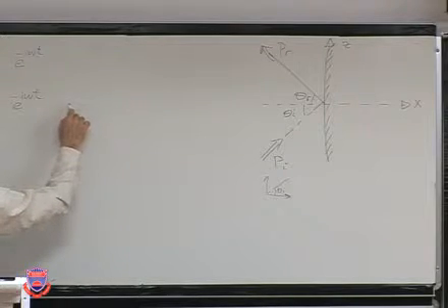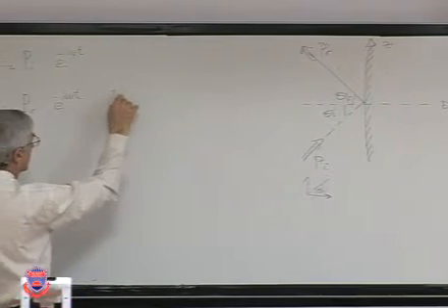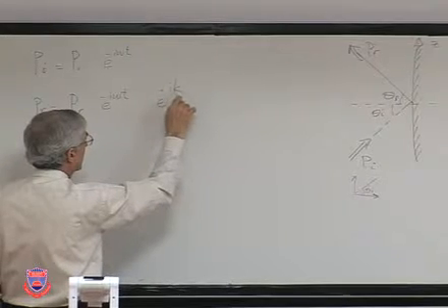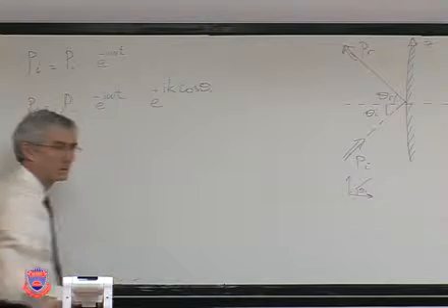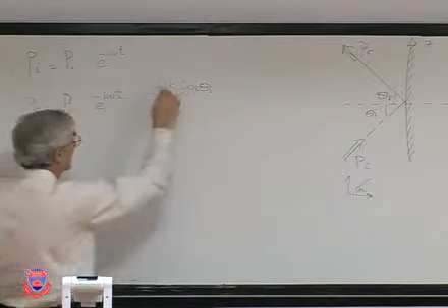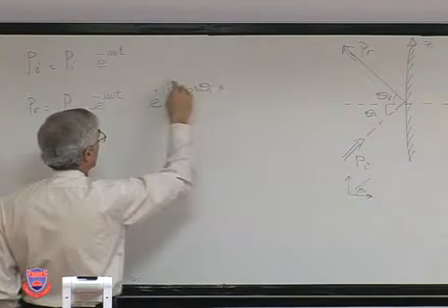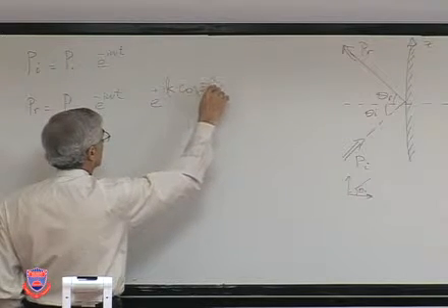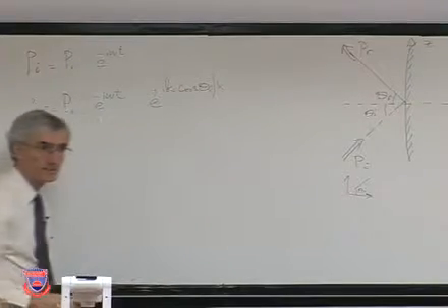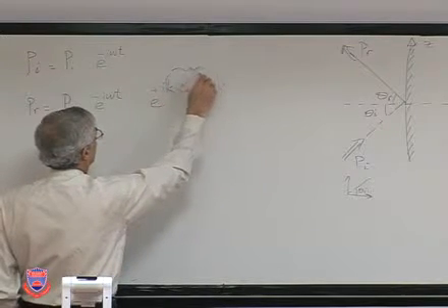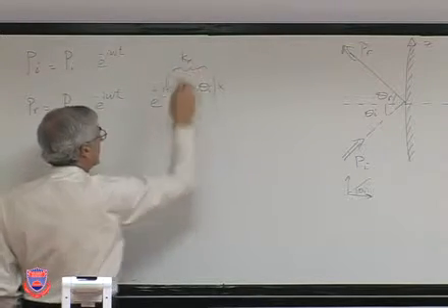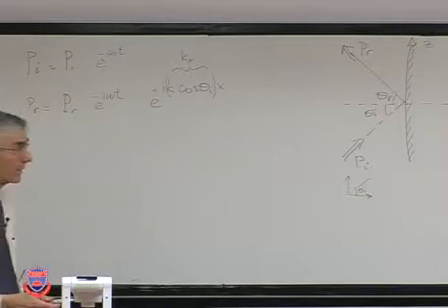So what you write is positive i k cosine theta i times x. This is the wave number in the x direction. This would, in fact, be k sub x, as we would normally write it.